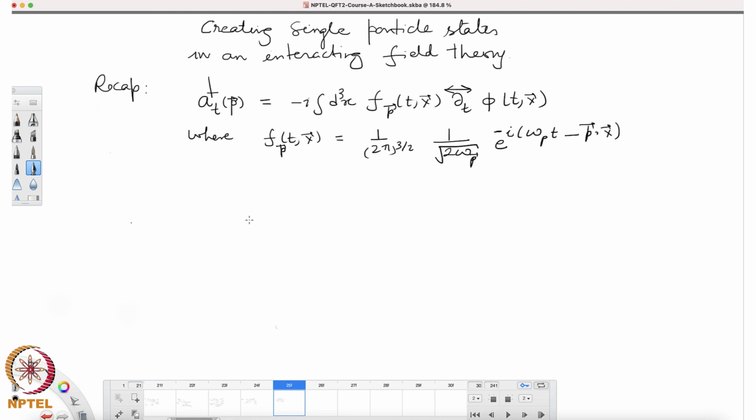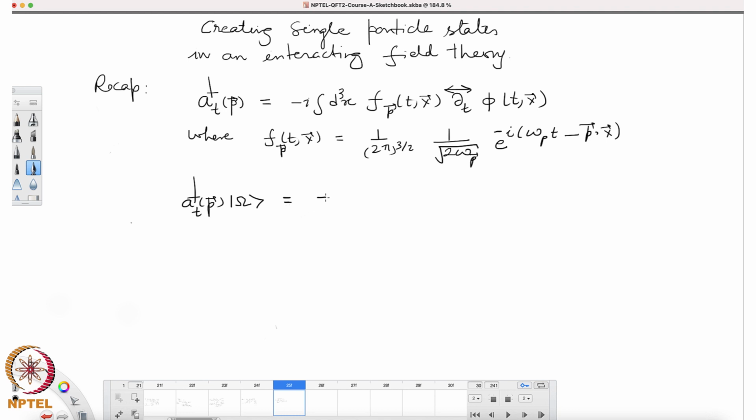Okay, this was the definition, and we had found explicitly that if you take this operator and act on the vacuum of the interacting theory, you create a linear sum of all possible states.